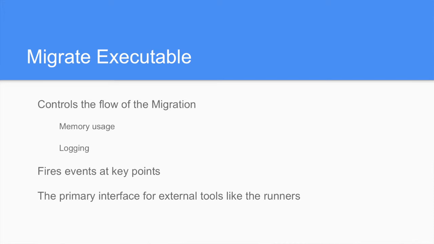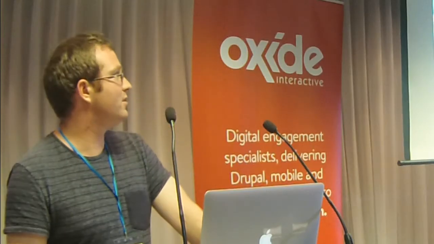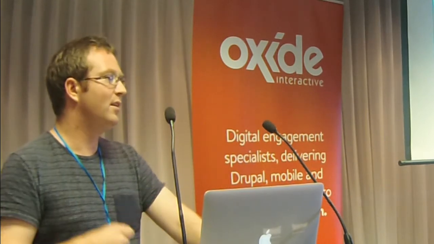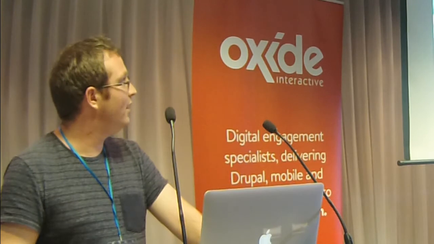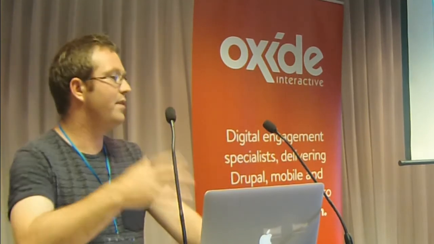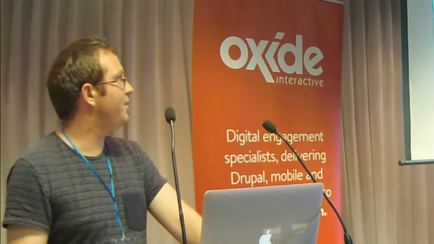So the Migrate executable, now this is essentially the interface for Contrib and the tools that you use to run migrations. If every developer was going to run their own migrations, they would have to use the previous concepts that we taught. They'd get the sources to get the source data, then they'd get the process plugins to do the transformations, and then they'd get the destinations to save the data for you.